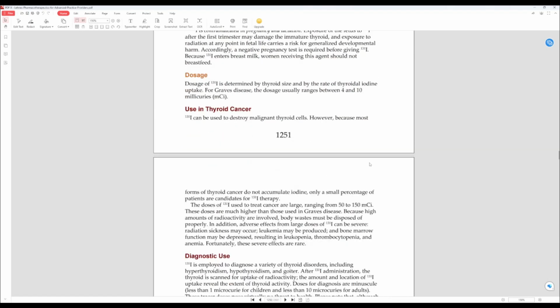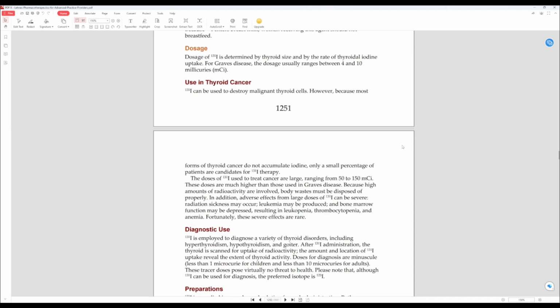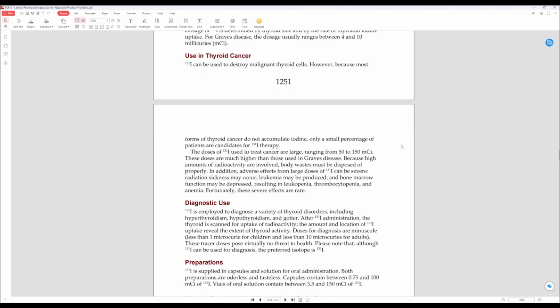So, its dosage. Dosage of iodine-131 is determined by the thyroid size and by the rate of thyroidal iodine uptake. For Graves' disease, the usual range is between 4 and 10 millicuries, or mCi. For use in thyroid cancer, iodine-131 can be used to destroy malignant thyroid cells.